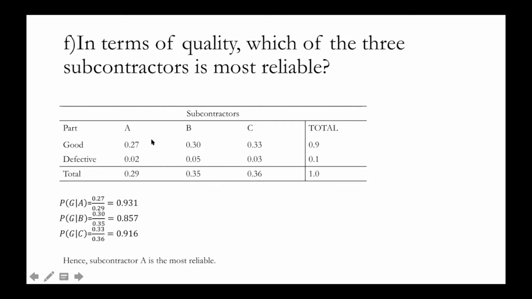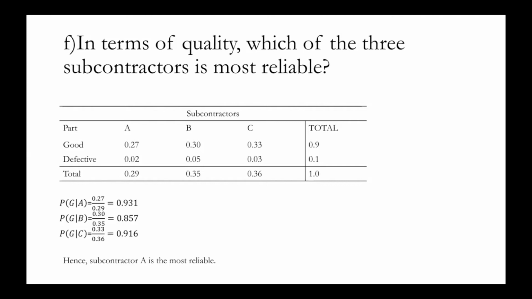Thank you so much. So, in terms of quality, which of the three subcontractors is most reliable? Then you want to calculate the probability of the event that the quality is good, given that you have it from a specific subcontractor.